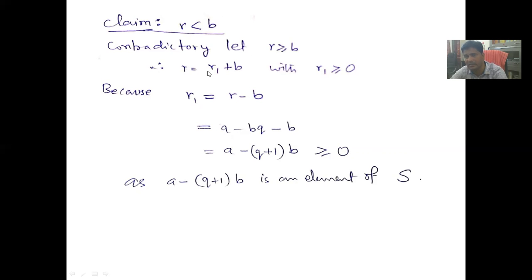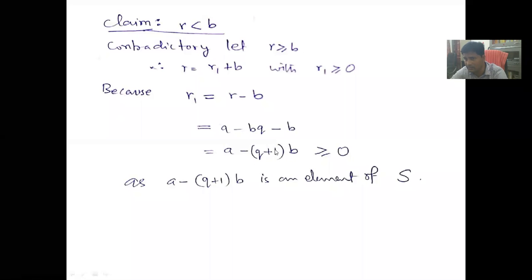So that means R can be written as R1 plus B, where R1 is greater than or equal to 0, non-negative. Since R is greater than or equal to B, you put some R1 where R1 equals R minus B, and R is A minus QB. So R1 equals A minus QB minus B. Taking B common, A minus B times Q plus 1.